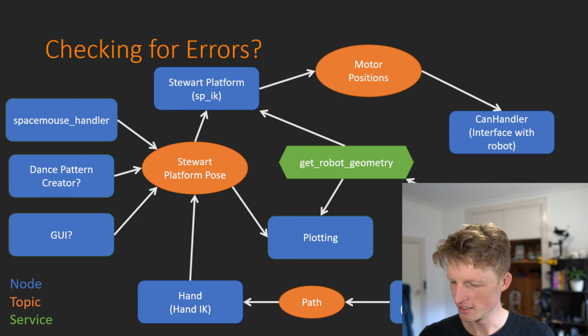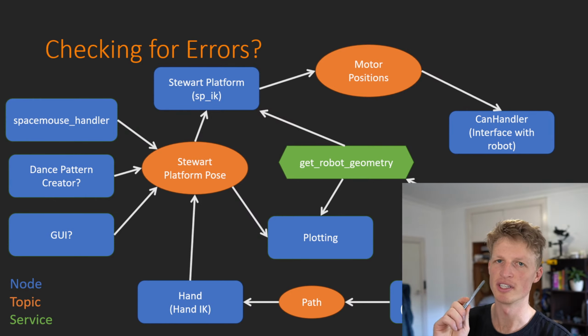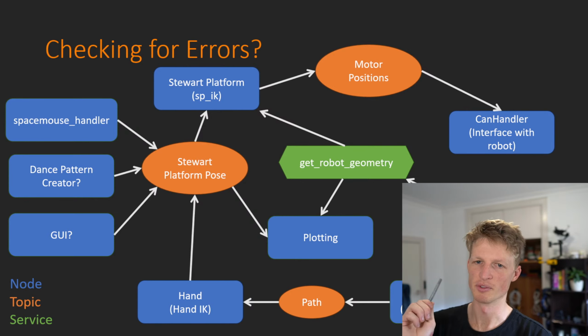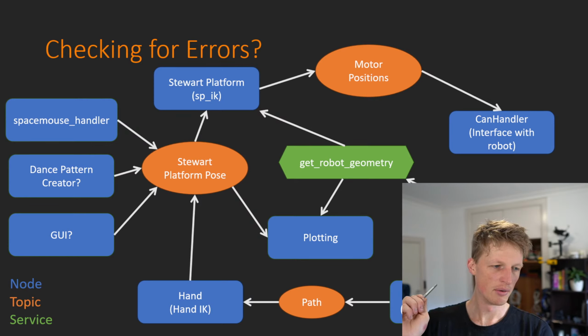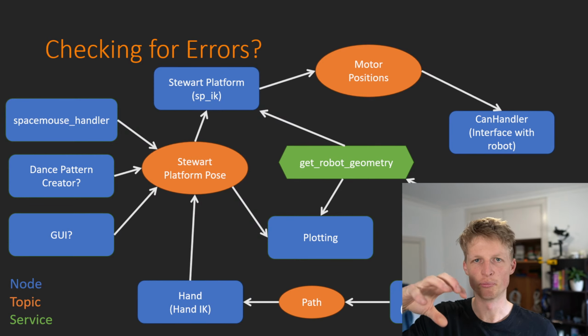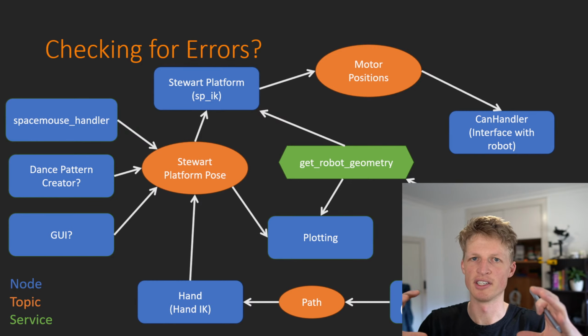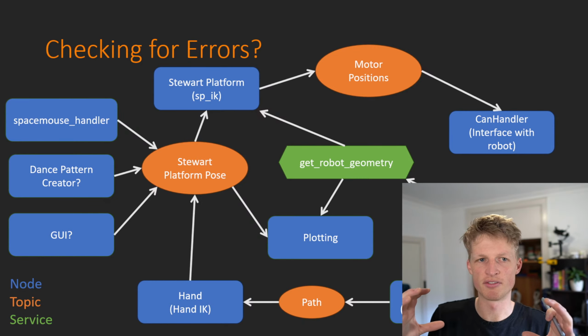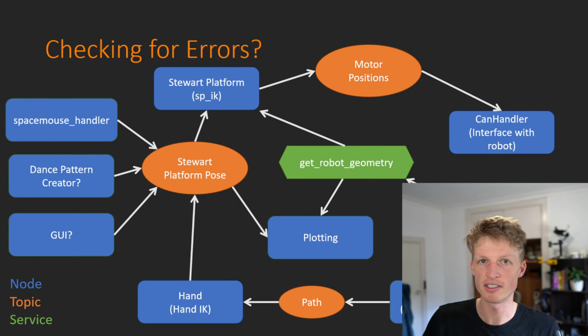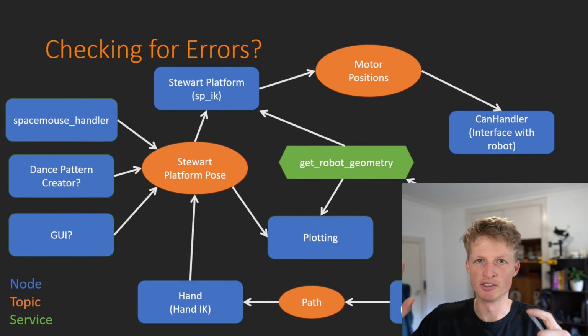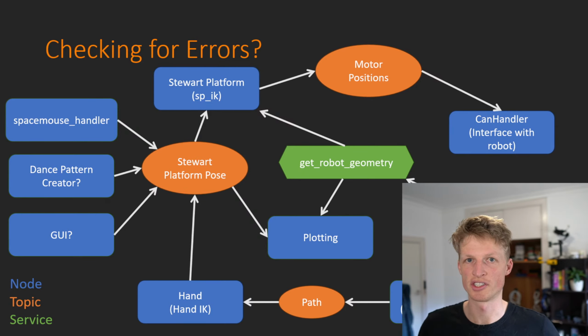So what I have done is, someone suggested last week in the comments a very good suggestion, which I really like, which is to make sure that each little piece of code that's processing information and outputting information should run its own check to see if its output is erroneous. Like if its output is going to destroy something in any way, it should not send that data out.